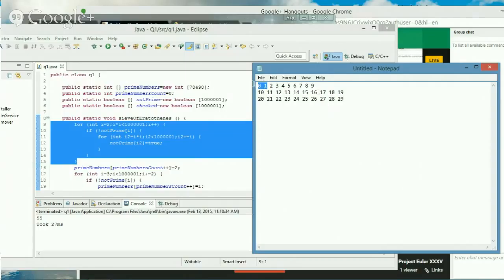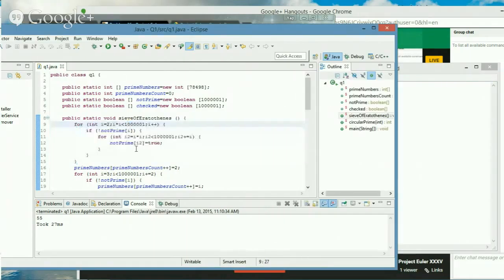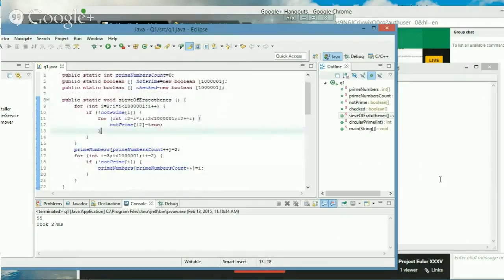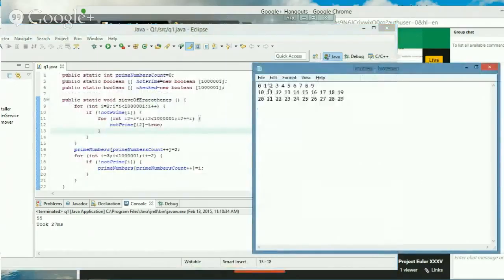Okay, we know that 0 and 1 are not prime numbers, so we skip them. So these are not prime numbers, and 2 is a prime number, so we start with 2. And next we mark the numbers that are multiples of 2 as not prime because they can be divided by 2.